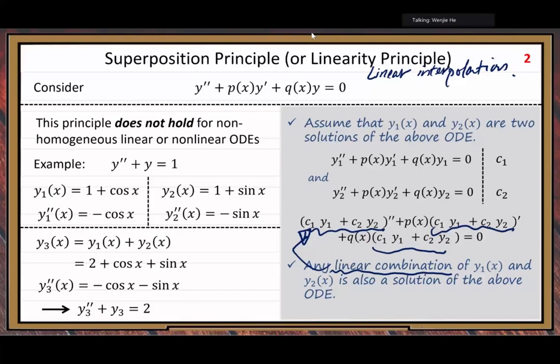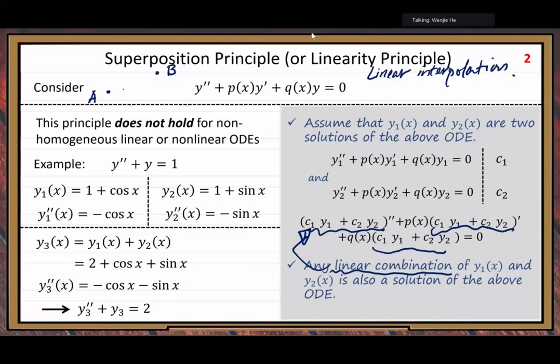Let me draw a graph to explain this concept. Suppose you have 2 points, a point A here, another point B there. Two different points. Now, we want to do linear interpolation of these 2 points, A and B.